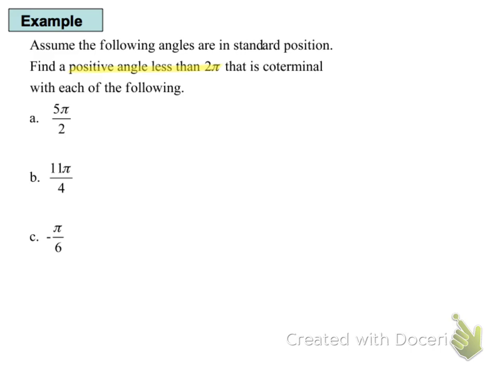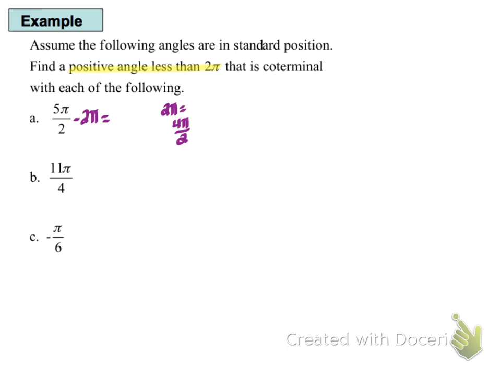Now, right now in part A we have 5 pi over 2, and we're going to subtract a total of 2 pi. Remember we subtracted 360, that's the same as 2 pi. Now, I need to subtract fractions here. I'm going to have common denominators. So the big idea here is how many halves is 2 pi? Now, 2 pi is the same as 4 pi divided by 2.